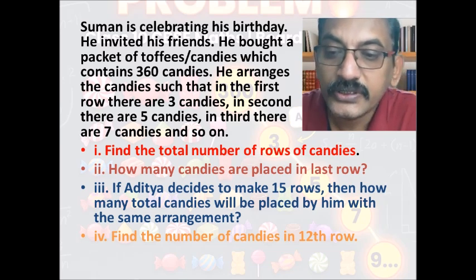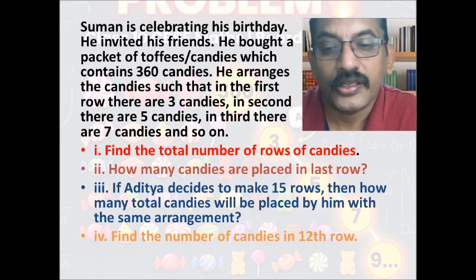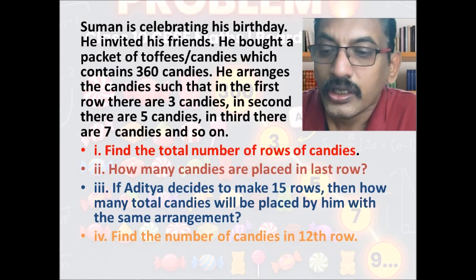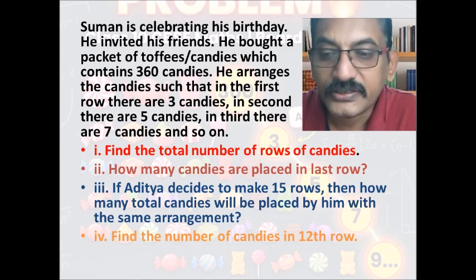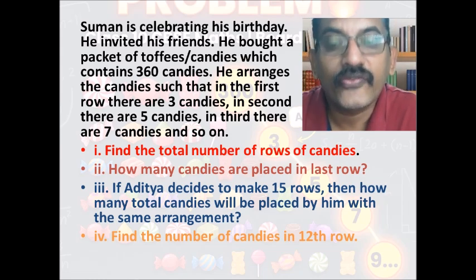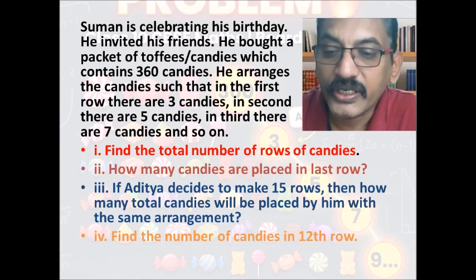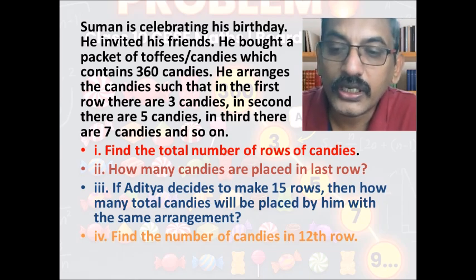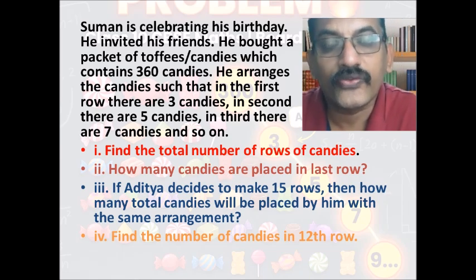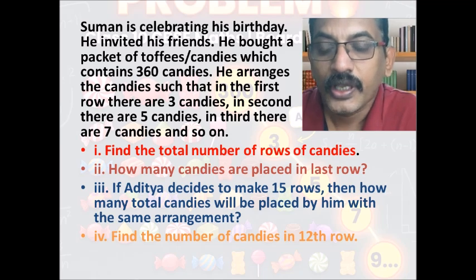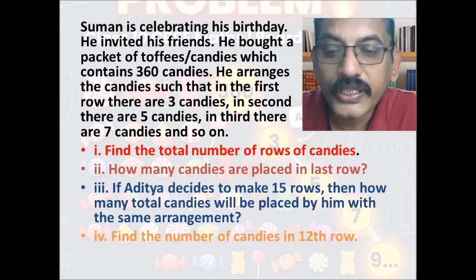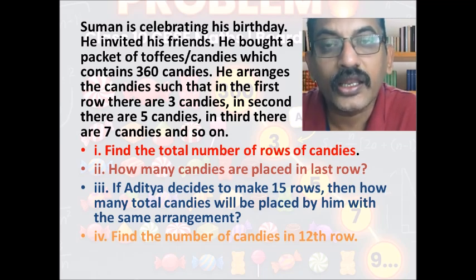He arranged the candies such that in the first row there are 3 candies, in the second there are 5 candies, and in the third there are 7 candies, and so on. Now the questions are, find the total number of rows of candies. And the second question, how many candies are placed in the last row?